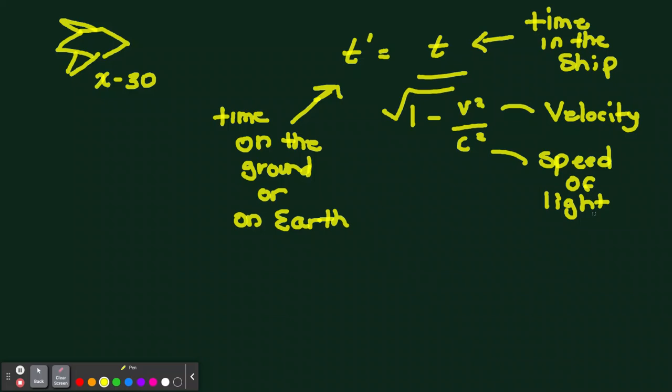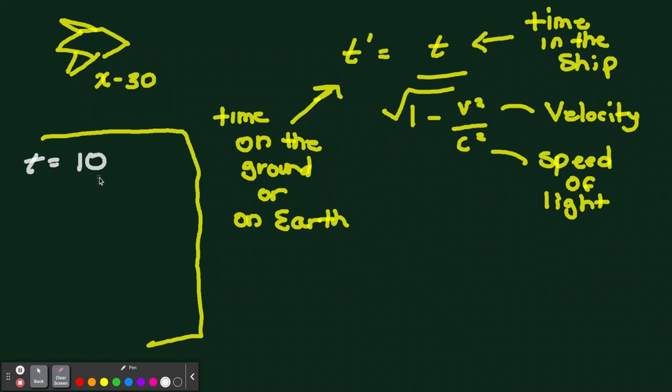So let's use the formula. Let's say that you're going 0.9 the speed of light. So let's put a little box here, and we'll put our criteria, and we'll change the color, use white. So we say that we're looking for t prime. We want to know what the time is on the ground. So let's say that on your ship, t on the ship, 10 minutes passed.